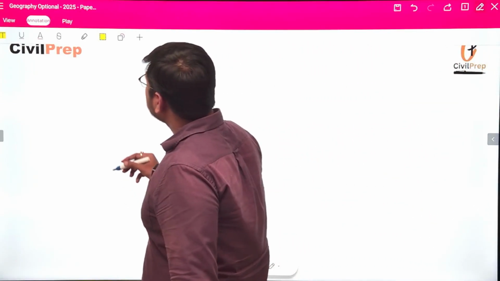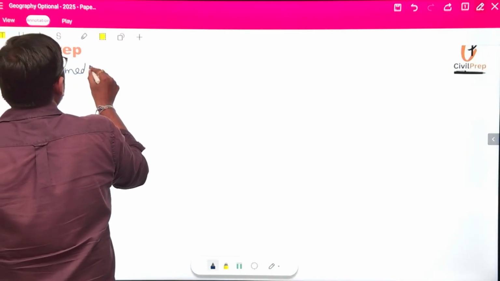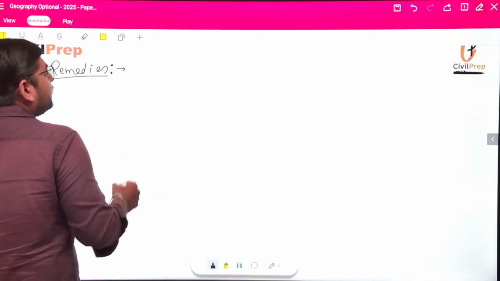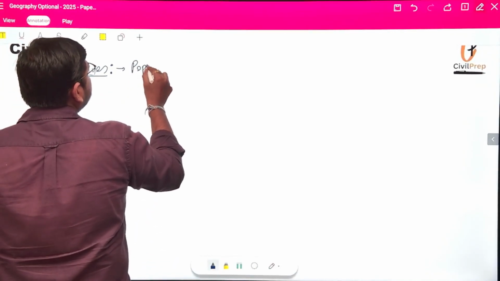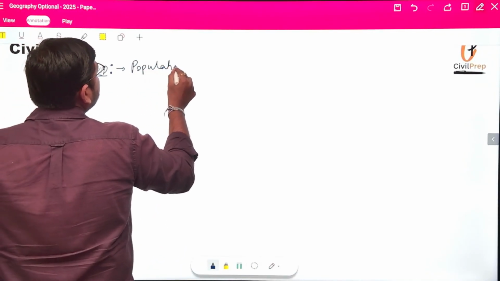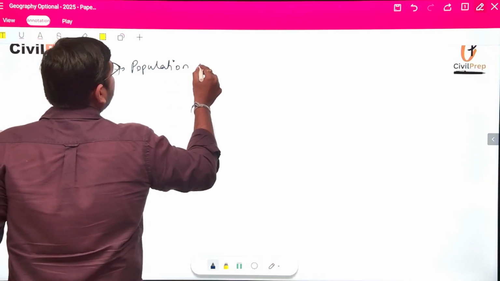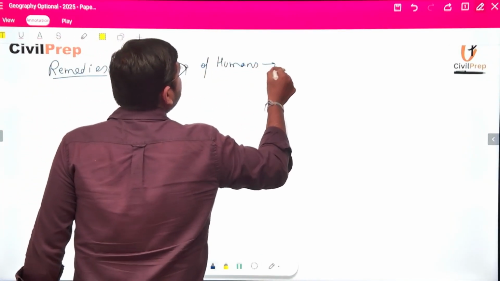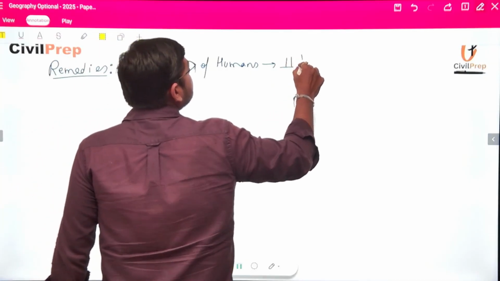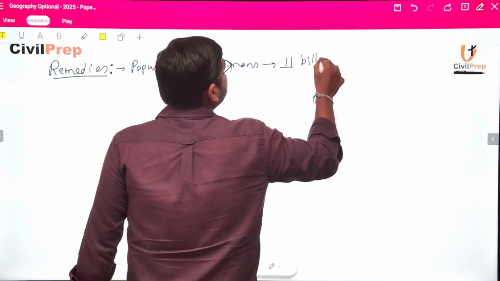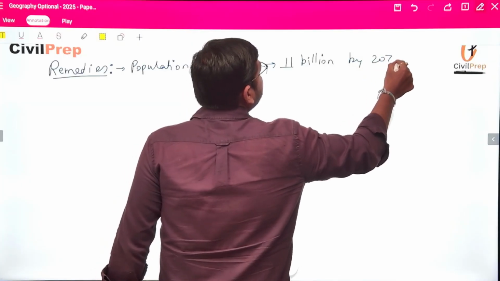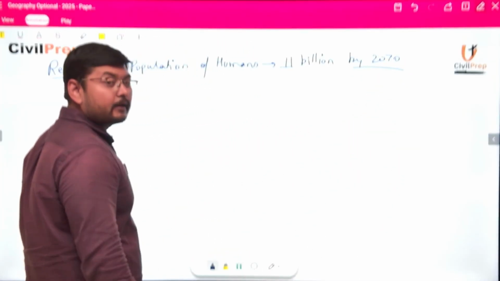Now, as per various reports, the population of human beings will reach beyond 11 billion by 2070. So this is again another reality.